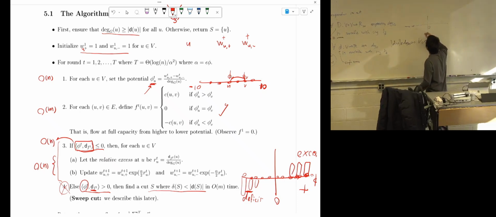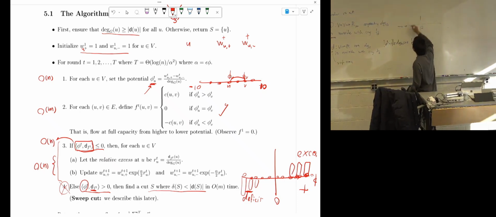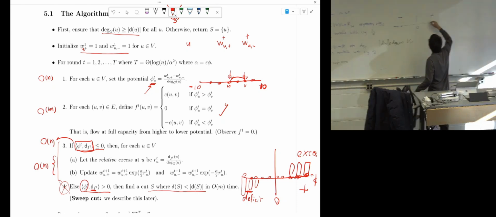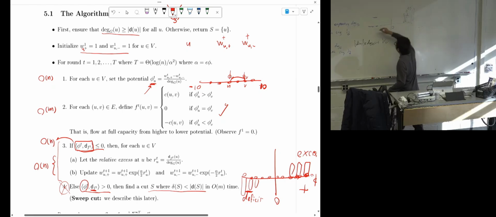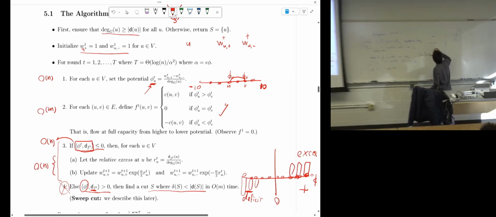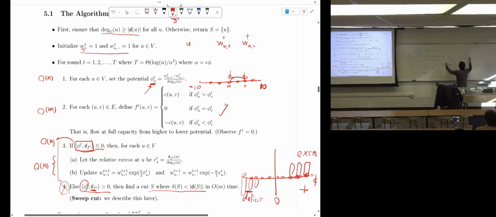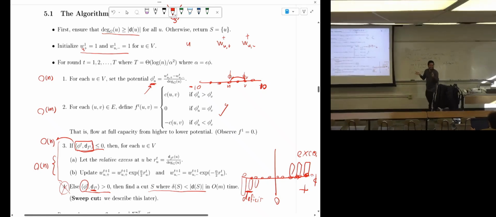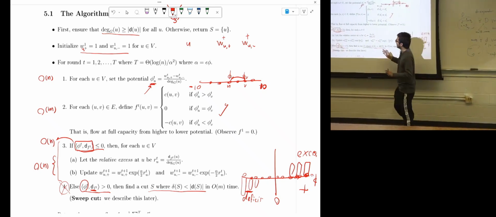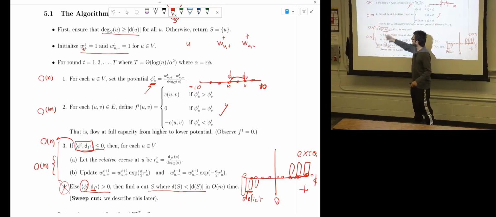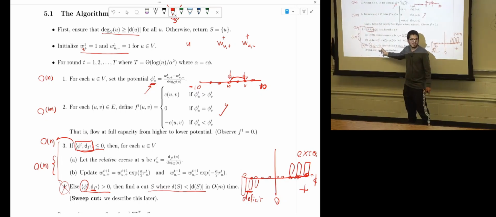This is 0, this is the positive side, this is the negative side. If there are a lot of nodes with excess and a lot of nodes with deficit, then this inner product will be big. Hopefully you see this. If it's big, then you get to this case, and we're going to see how to get a cut.